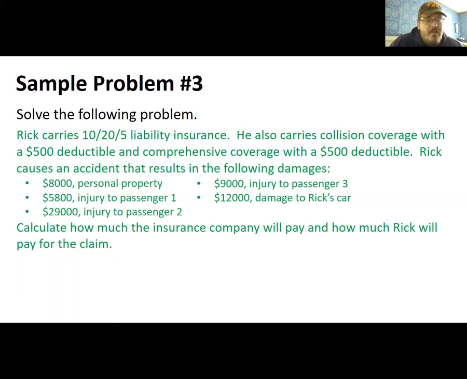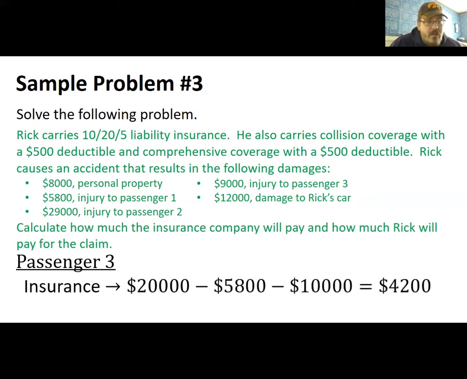Now passenger number three gets a little bit tricky, and the reason for this is the way the insurance is written, the insurance company pays up to $20,000 per accident. So even though the person's under $10,000 individually, the insurance company has already paid $5,800 towards person one and $10,000 towards person number two, which leaves $4,200 that would apply for that third person, because there's a total of $20,000 for the entire accident.